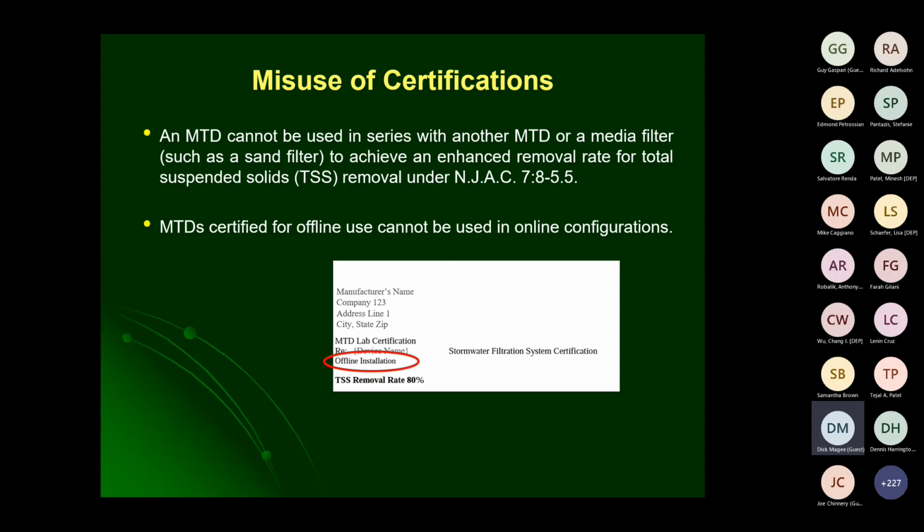But this is clearly spelled out in the certification. It's on the NJDEP website, and you can refer to that and make sure that the unit has been properly installed per the certification letter. Next slide.